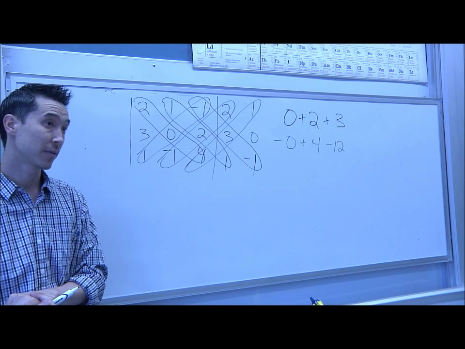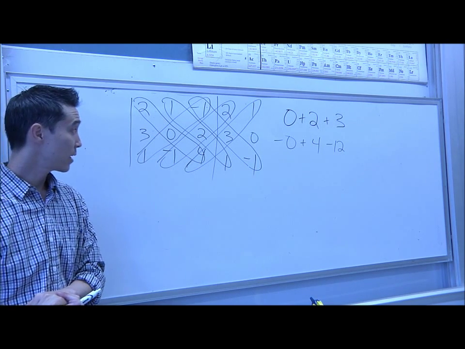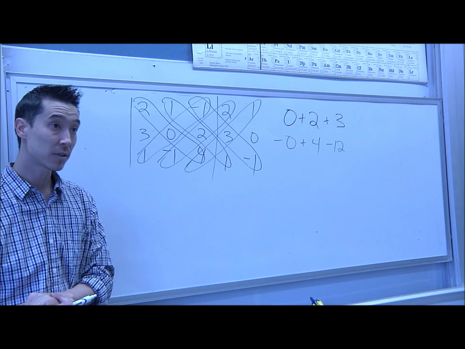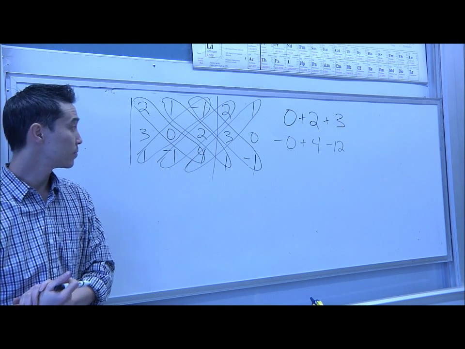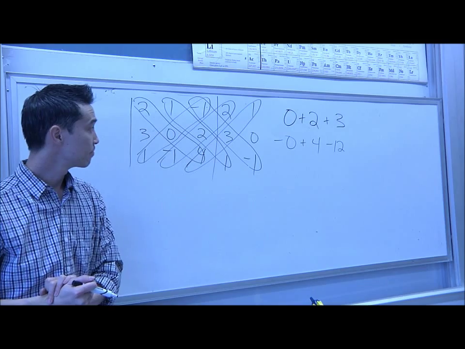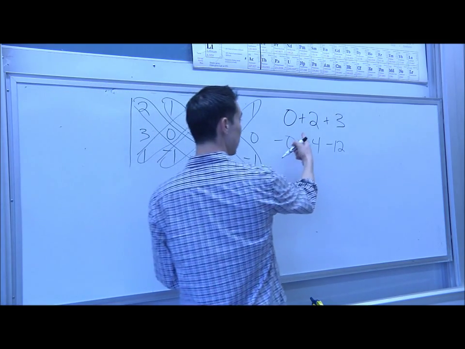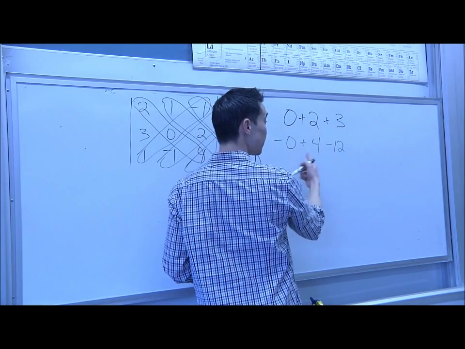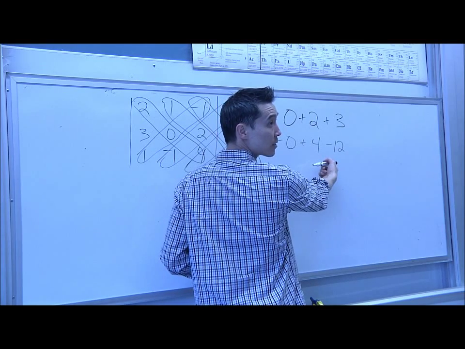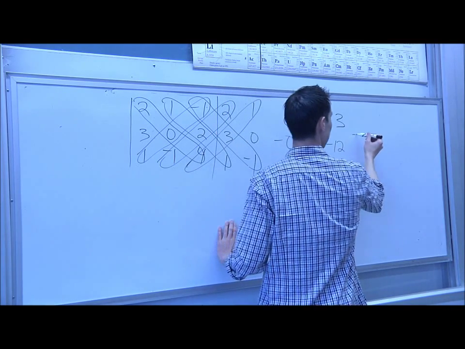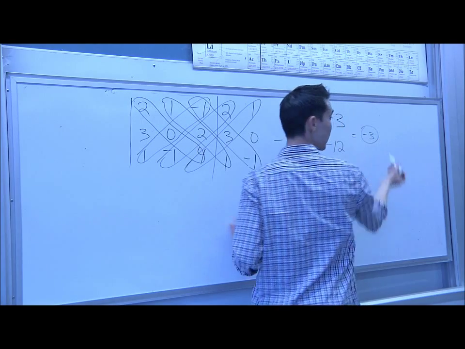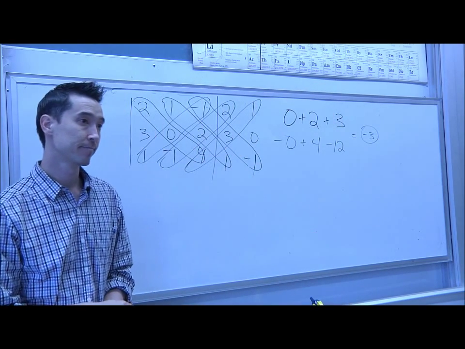And that's it. Okay? Now I need you guys to add these 6 numbers and tell me what it comes out to. 0 plus 2 plus 3 is 5, plus 4 is 9, 9 minus 12, negative 3. That's it.